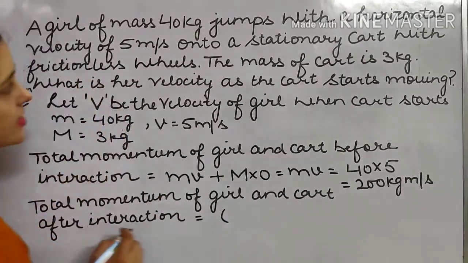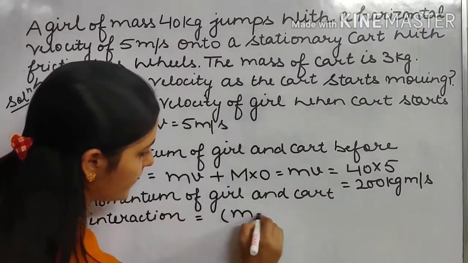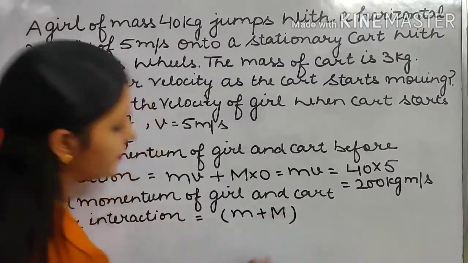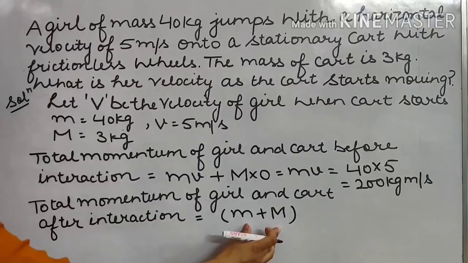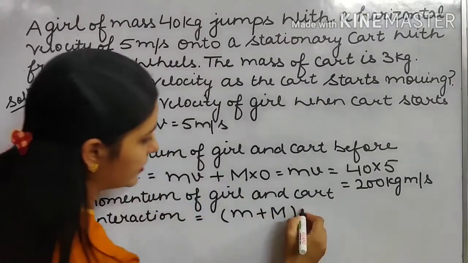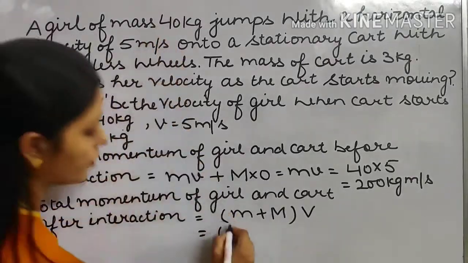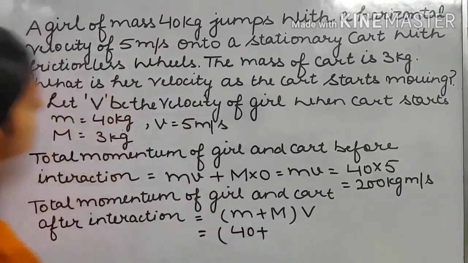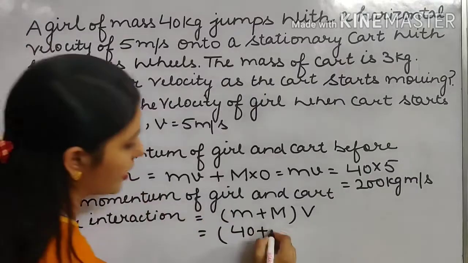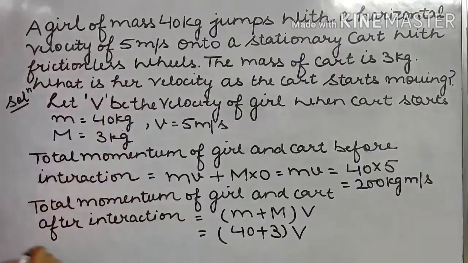So their masses will be added. m plus capital M, and both will move with common velocity, that is V. So we can put the masses here. 40 plus mass of the cart is 3, that is V.